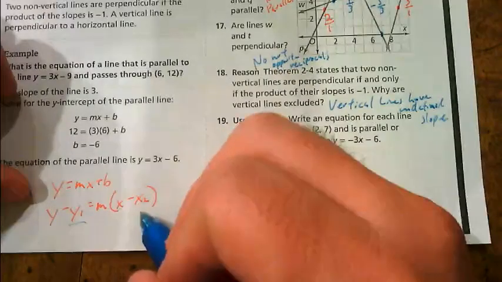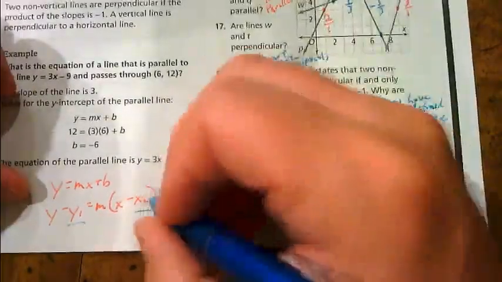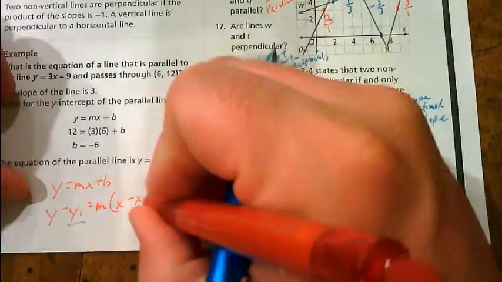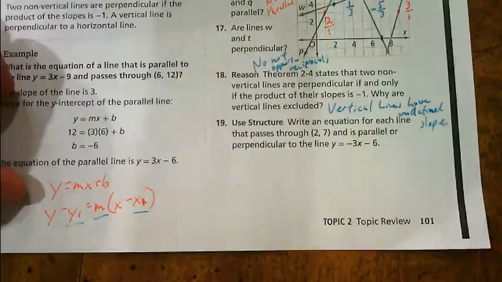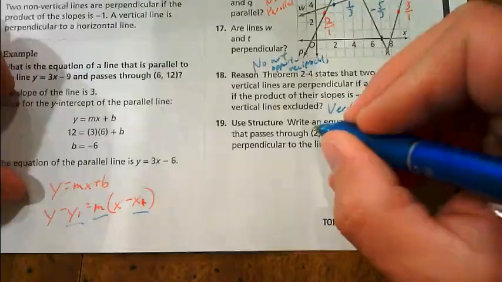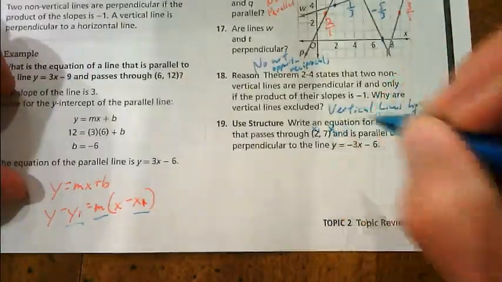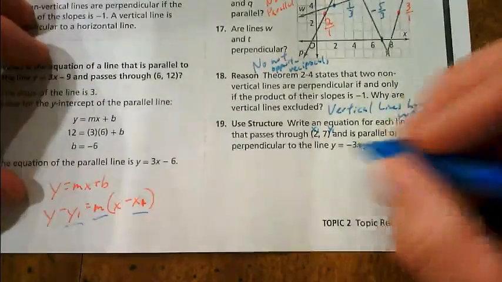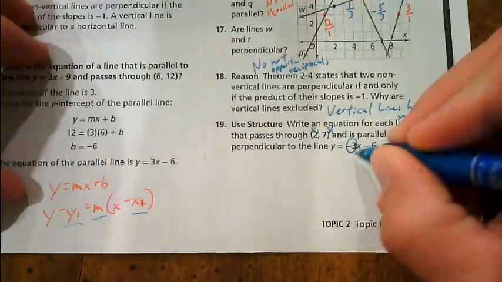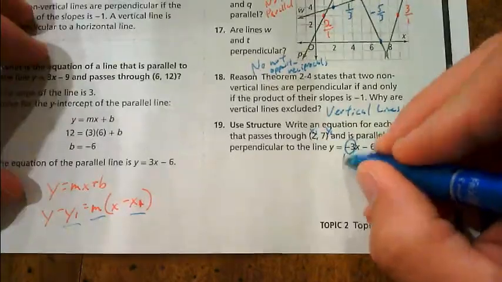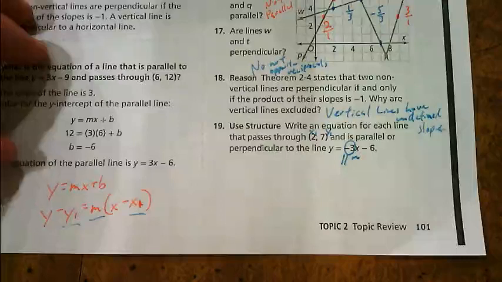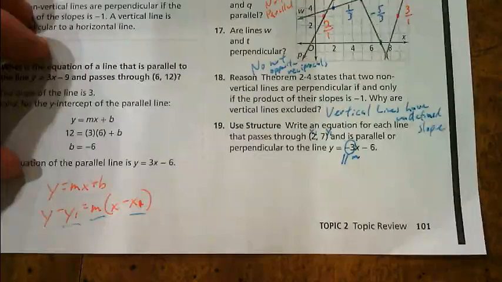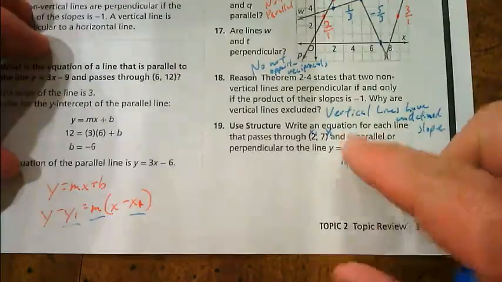So the y1, the x1, and the slope. Looking at this equation, we can identify our slope, and that's for the one that's going to be parallel to it. So that's our parallel slope. Our perpendicular slope is going to be the opposite reciprocal of this. This point goes in for both of them.